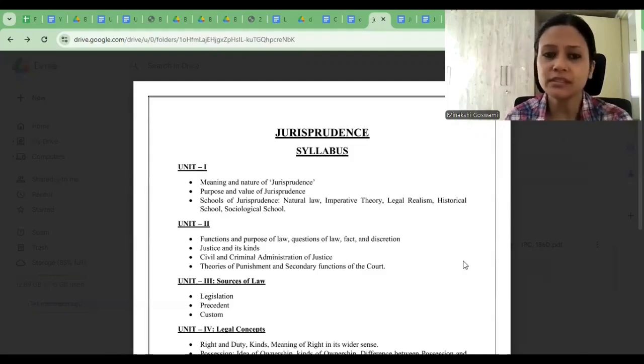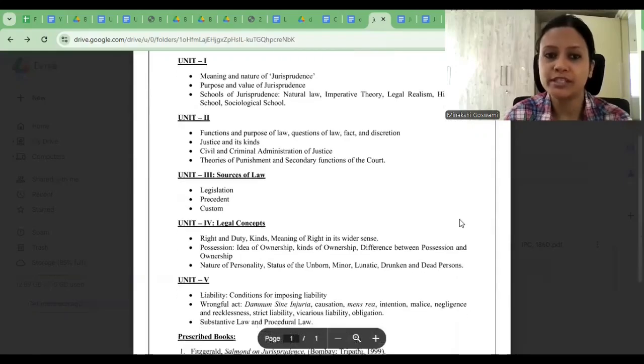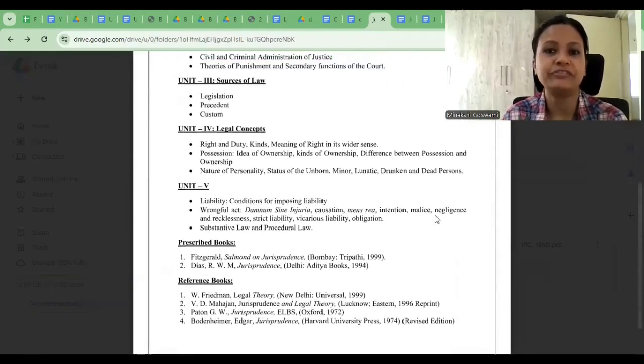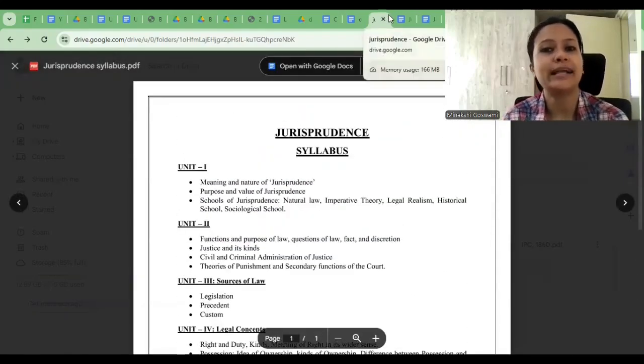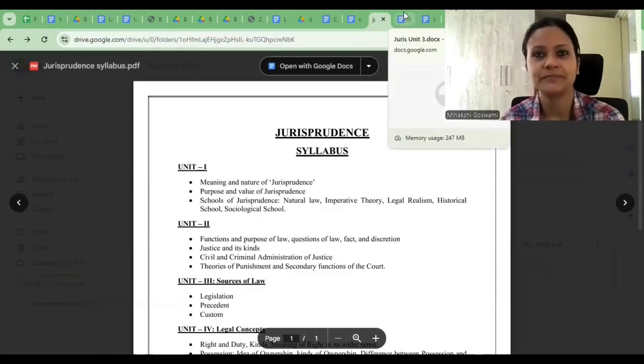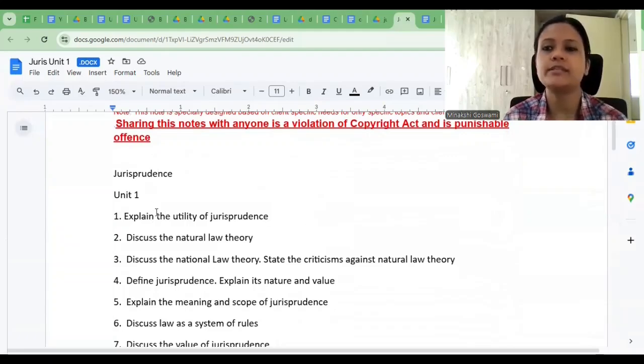So now this is the jurisprudence syllabus that we have from KSLU. Now let's look at the important questions. So this is unit 1 of jurisprudence. I have classified the questions into long answers and short notes or problem-based questions for some of the subjects because problem-based questions are going to be super important from this semester onwards as KSLU has changed the question paper pattern.